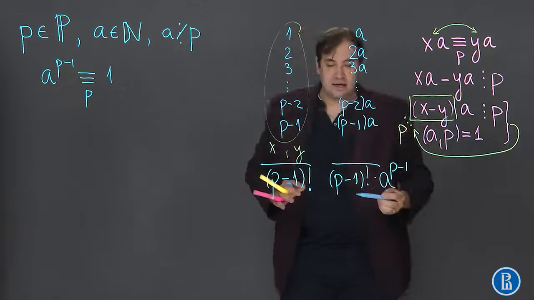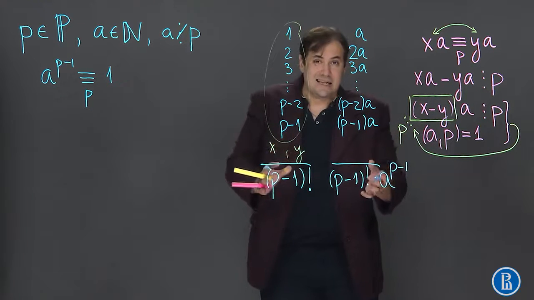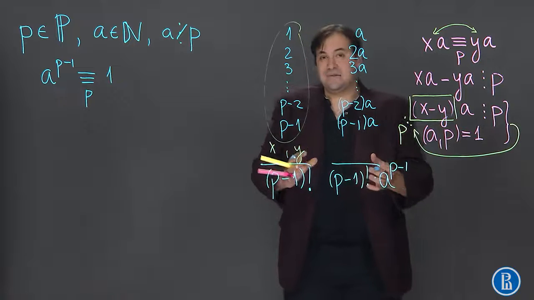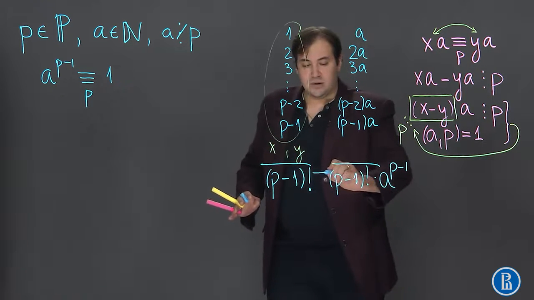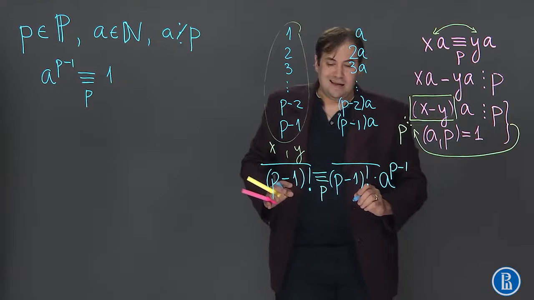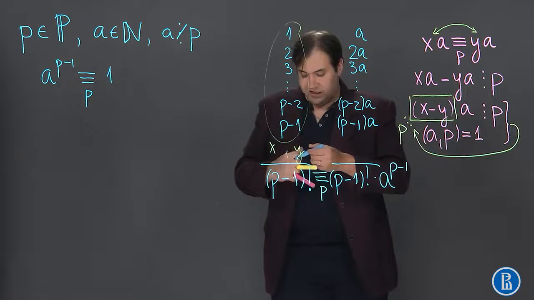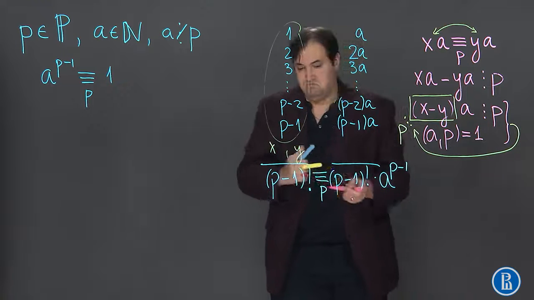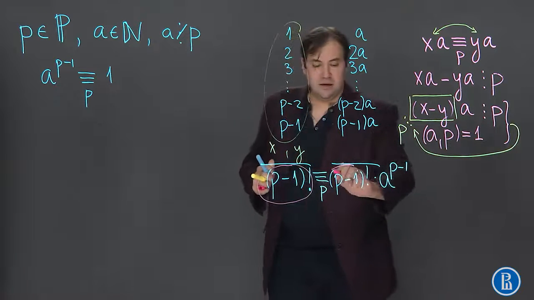in this column. But these numbers, of course, are not the same, but they give the same remainders when divided by p, which means they are congruent modulo p. And now all we need to do is to get rid of this coefficient or multiplier p minus 1 factorial.